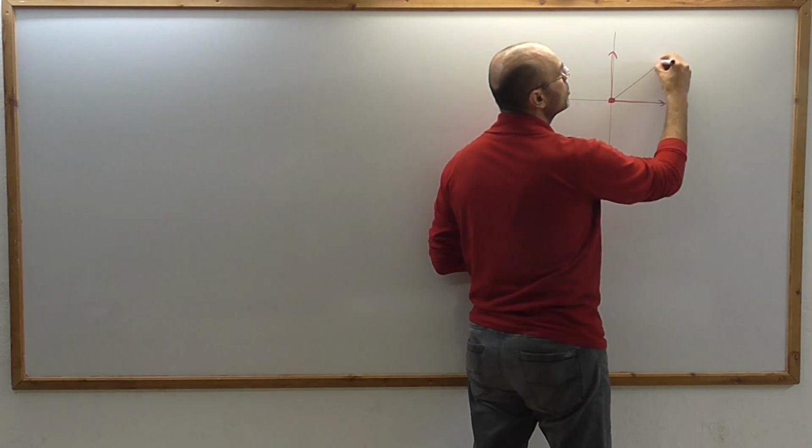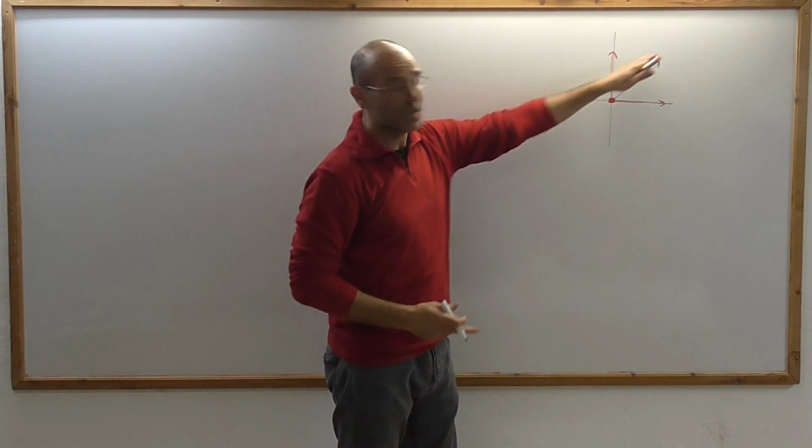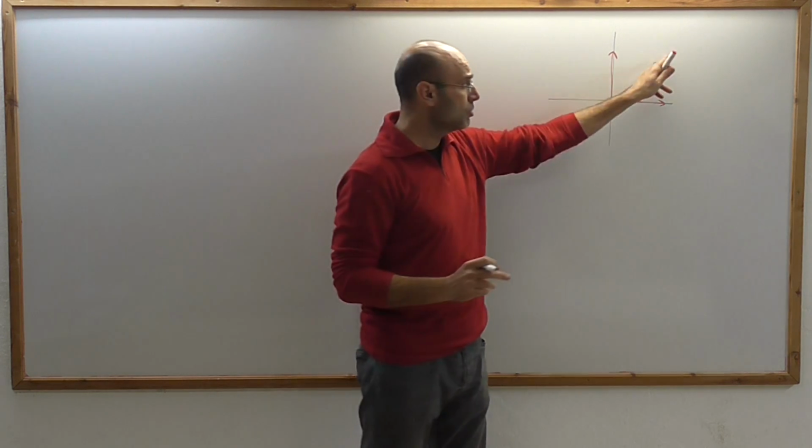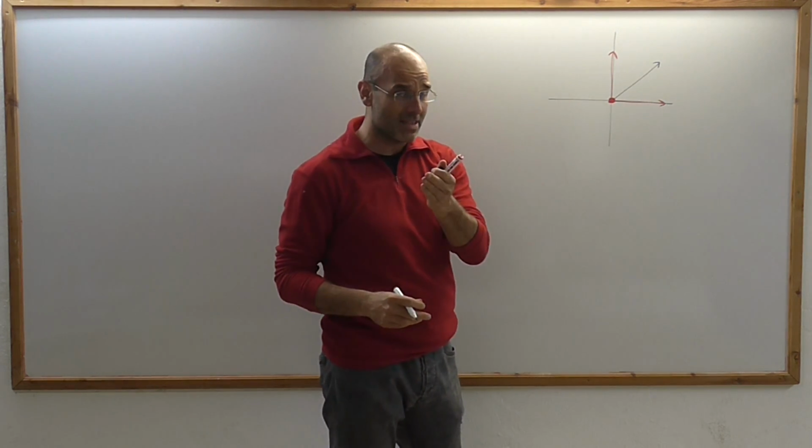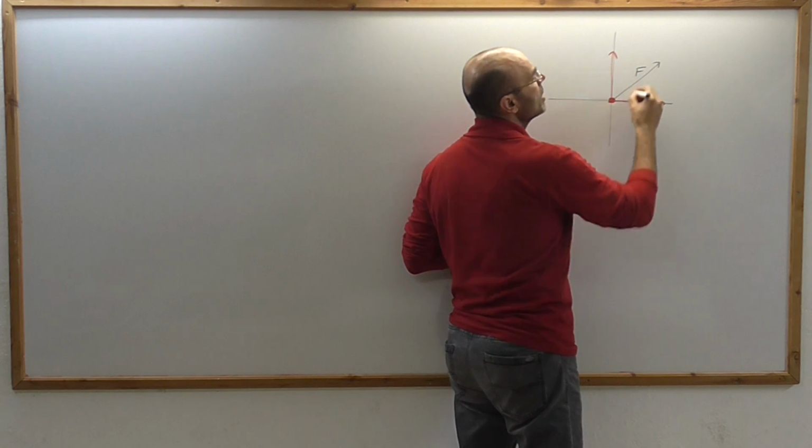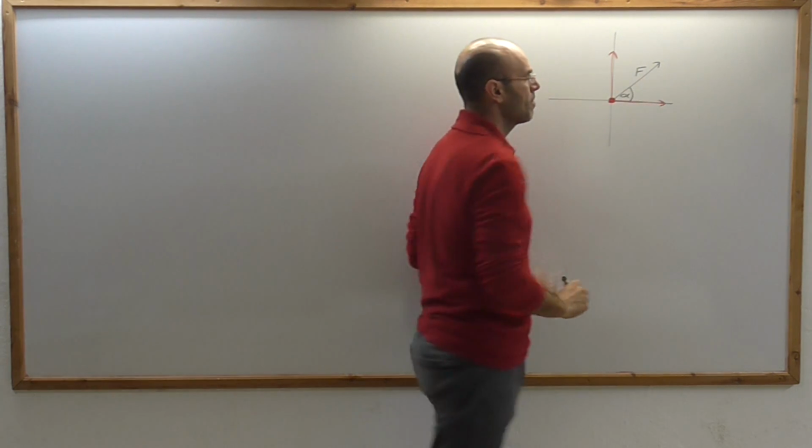Naturally, it's going to go this way. I want to know the magnitude of this vector and the direction. Magnitude F and the direction alpha.